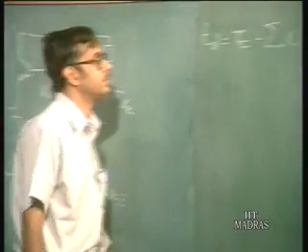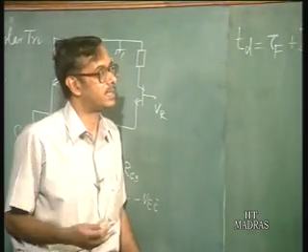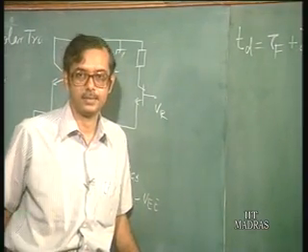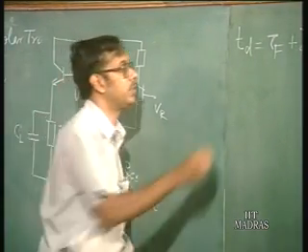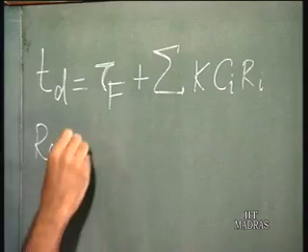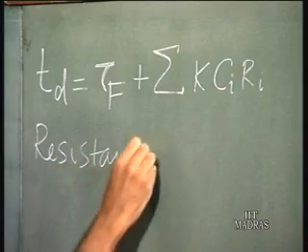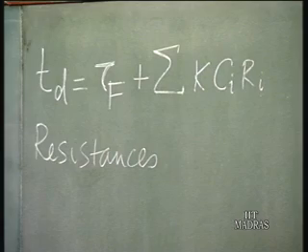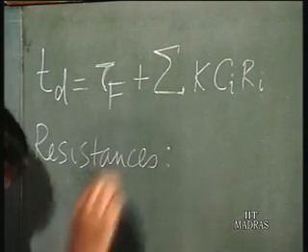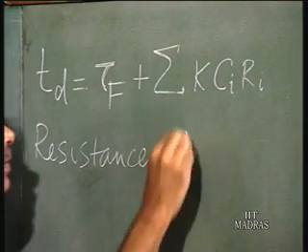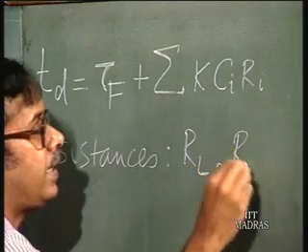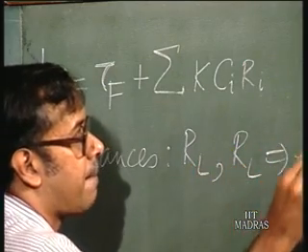Okay. Now, what are the different capacitances and resistances in the circuit? Okay. Now, if you take up the resistances, you have the external resistances. If you look at the circuit, RL and RE, so these are the external resistances.